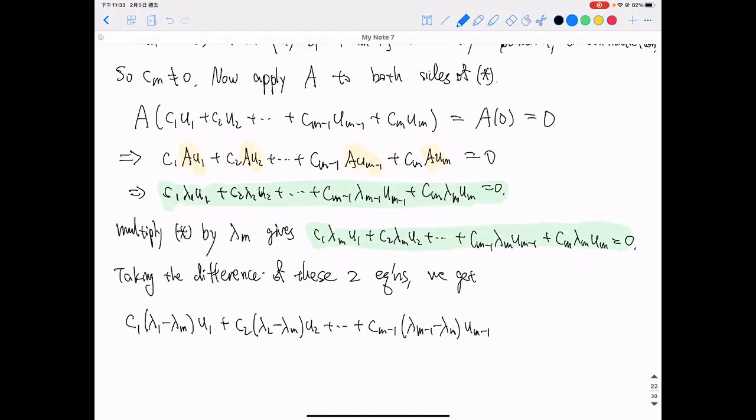The point is, the last terms cancel. The right-hand side is still 0.